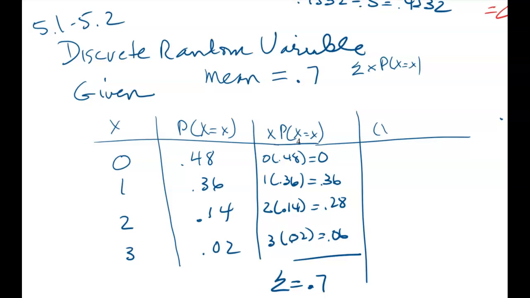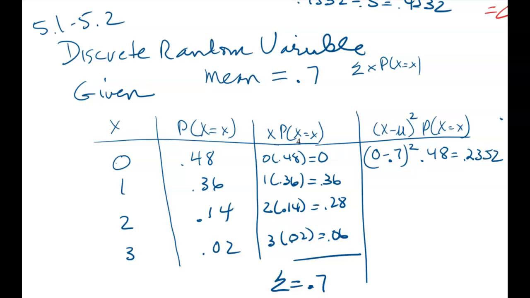My first x is 0, so that's 0 minus 0.7 squared, times the probability of 0 happening, 0.48, which comes to 0.2352.